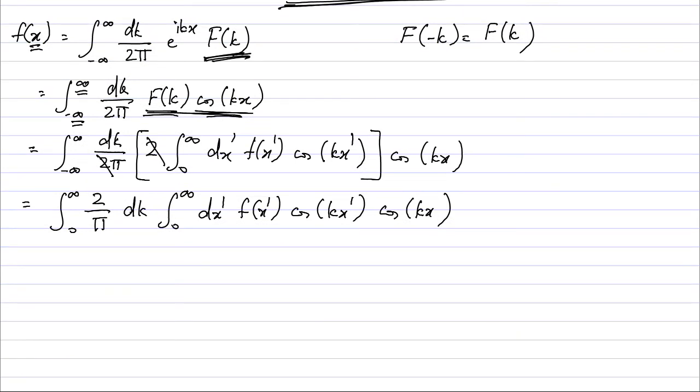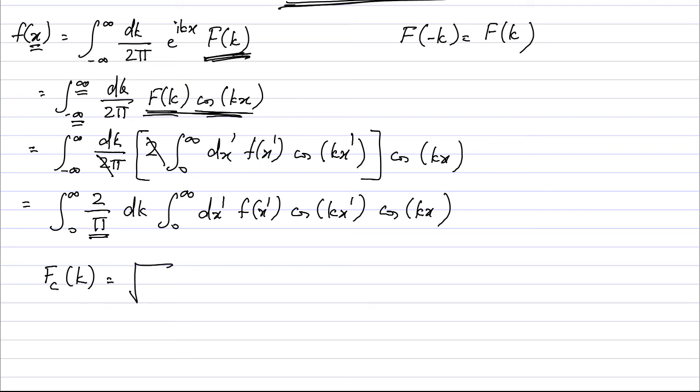Okay, this then motivates the definition of the Fourier cosine transform. The usual convention over here is to do it symmetrically. So this factor 2 over pi is chopped up into two equal parts.